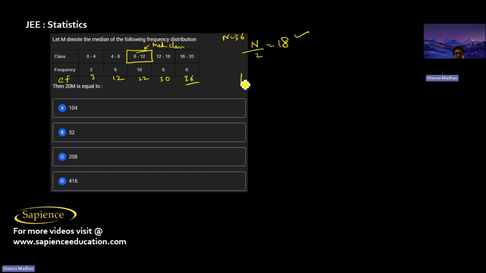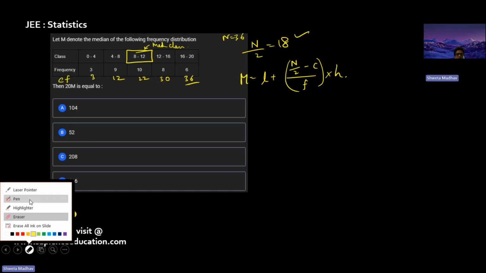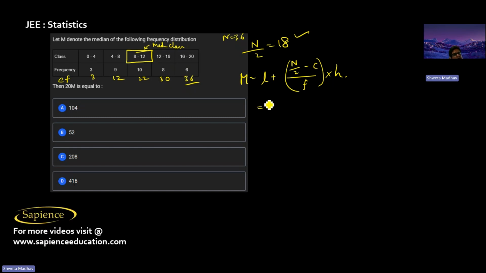Now therefore median will be equal to L plus (n by 2 minus C) by f into h. So L is the lower limit of the median class, that is 8. 8 plus n by 2, that is 18.